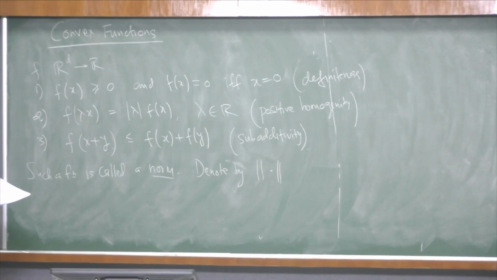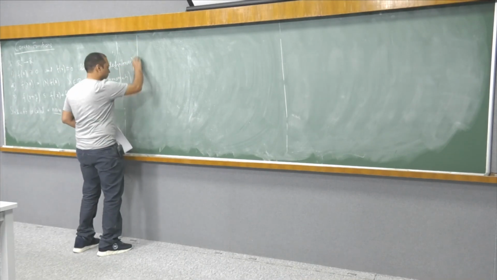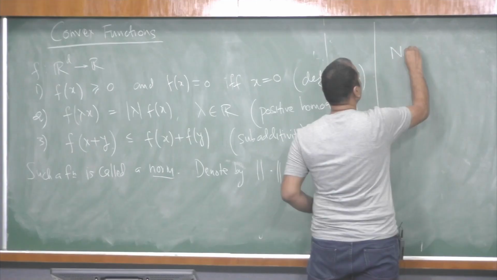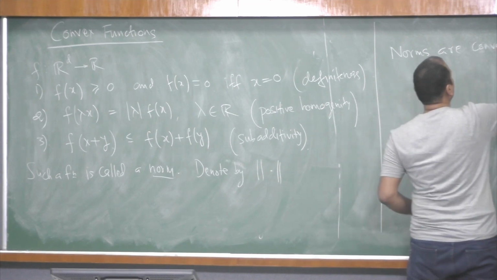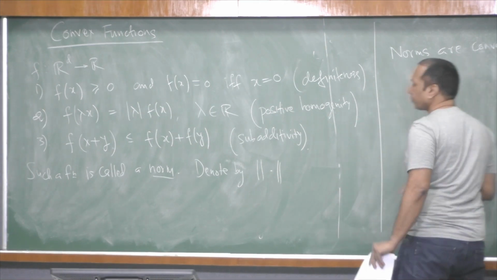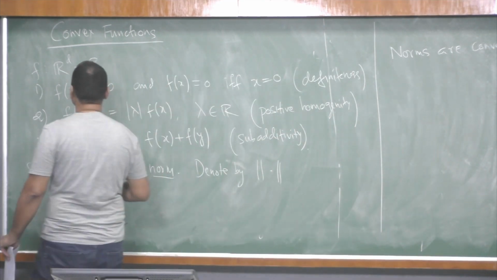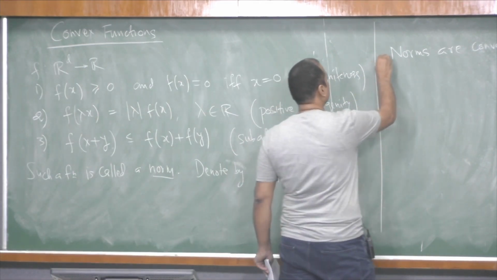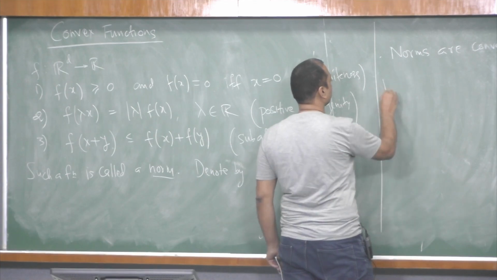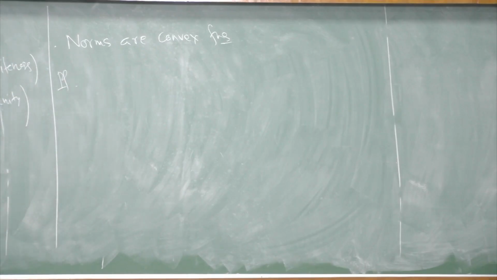So, norms are also convex functions. It just follows from here. There is no big thing here. To prove this would be very easy.